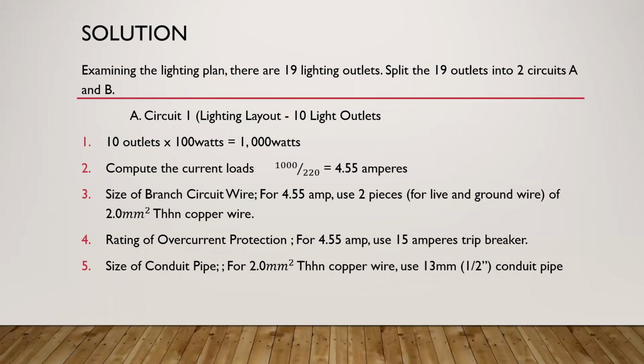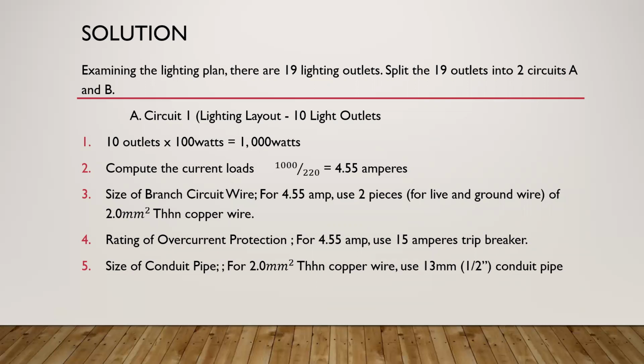So we will have a total load of 1,000 watts. And to compute the current load, for step number 2, i-divide natin yung total load sa 220. So dito gagamitin na natin na type of service is 220. So we will have a value para sa current load na 4.55 amperes.